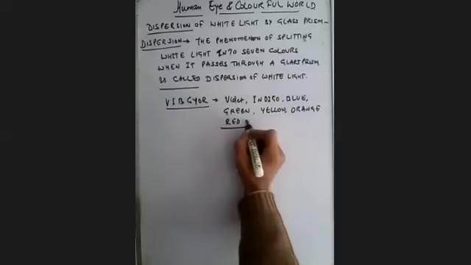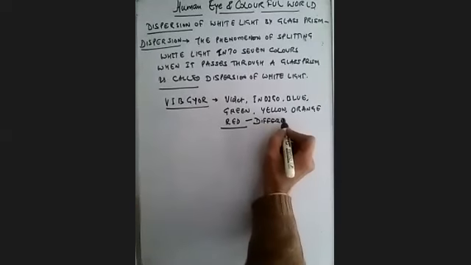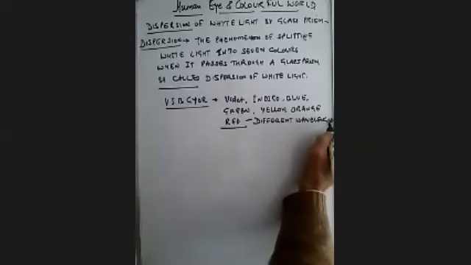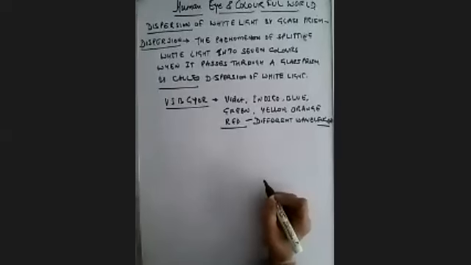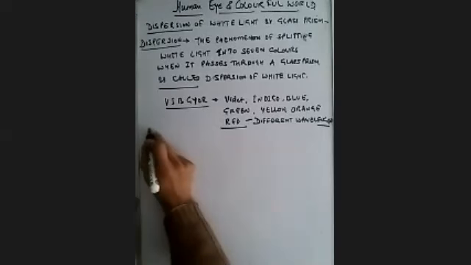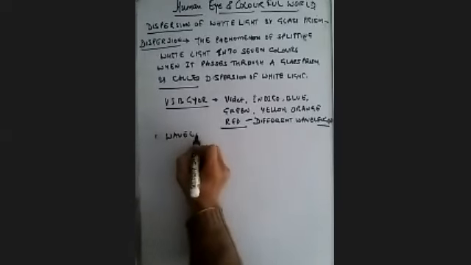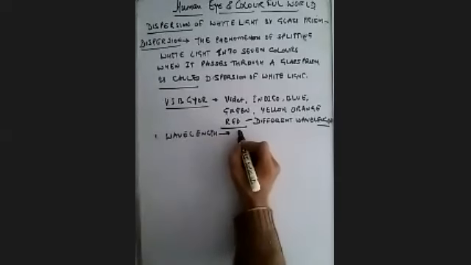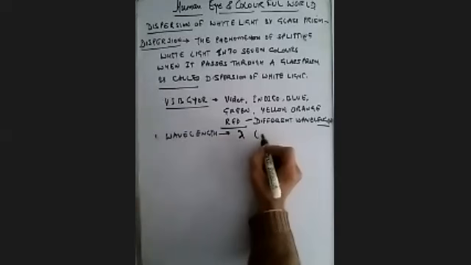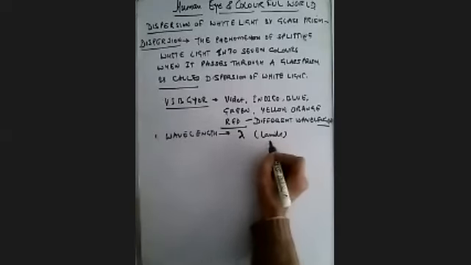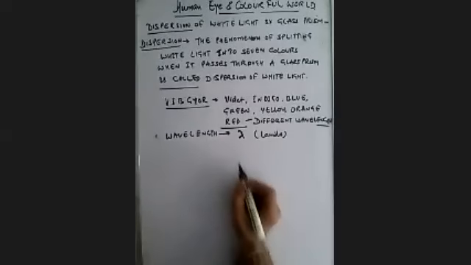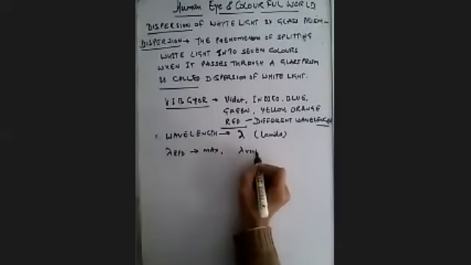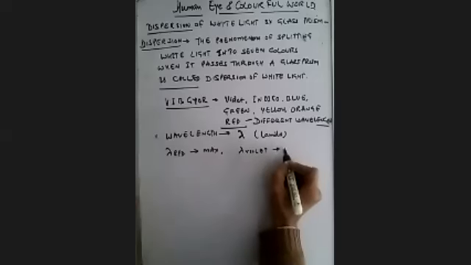Now these colors have different wavelengths, and the wavelength is represented by lambda, you can say an inverted Y. The wavelength of red color is maximum, and the wavelength of violet color is minimum.